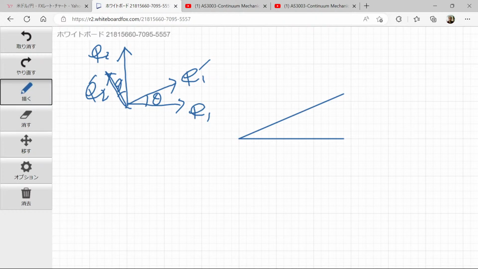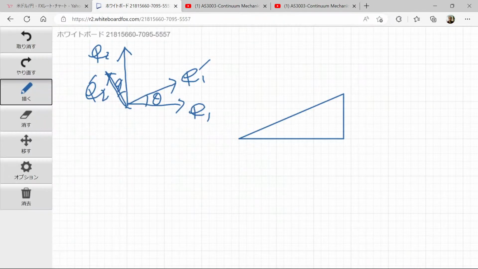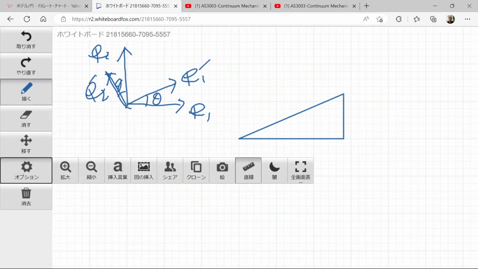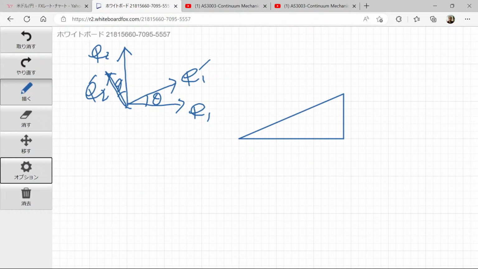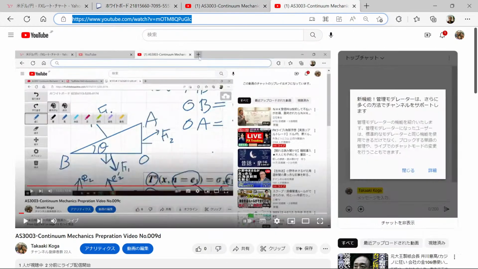Strange. So this way, right? Then we call it OAB. This is what we call OAB, right?